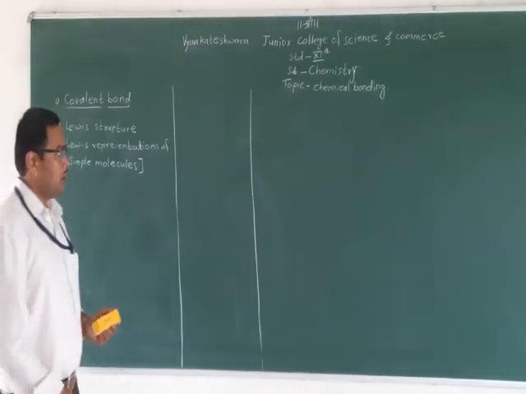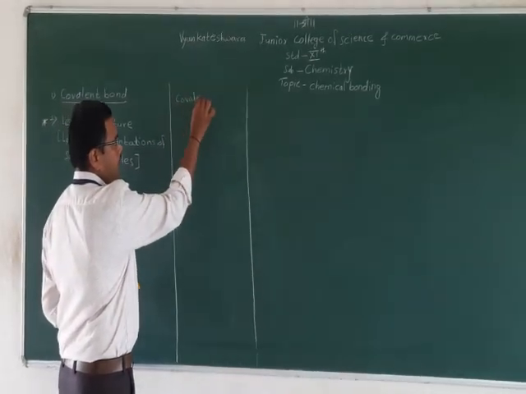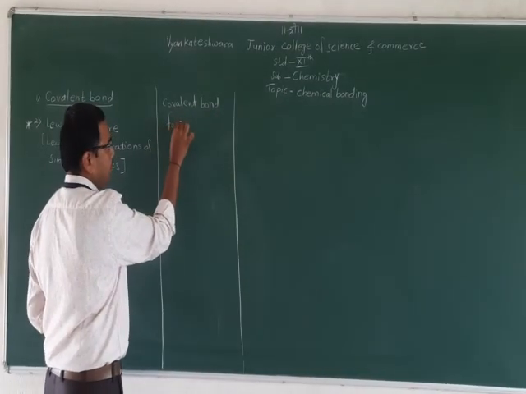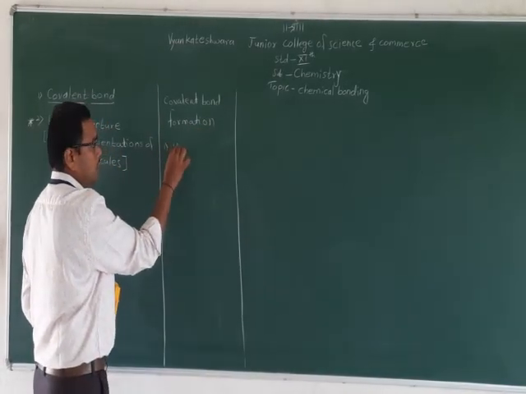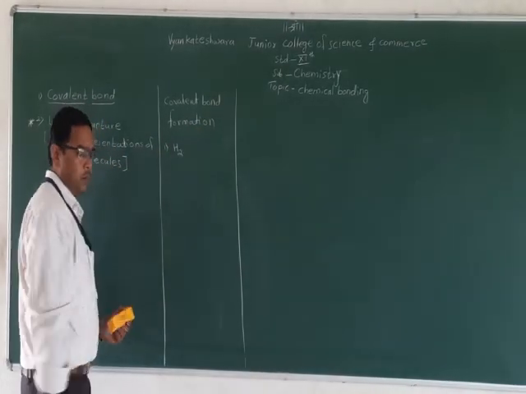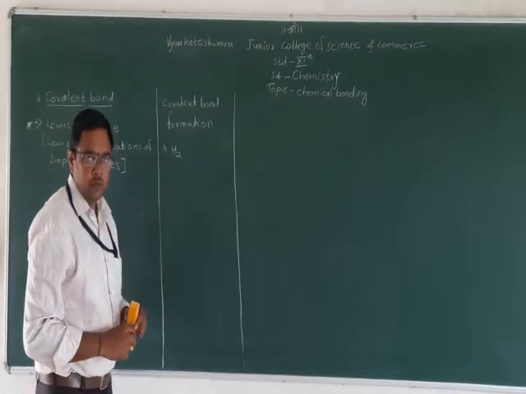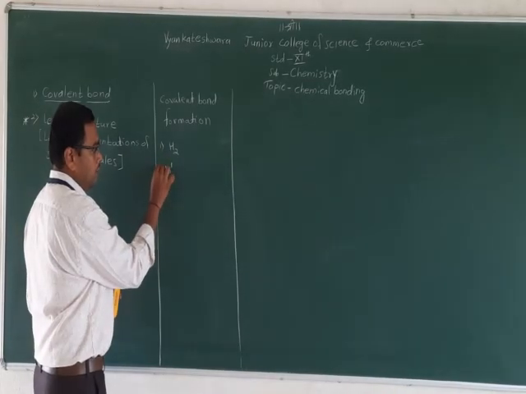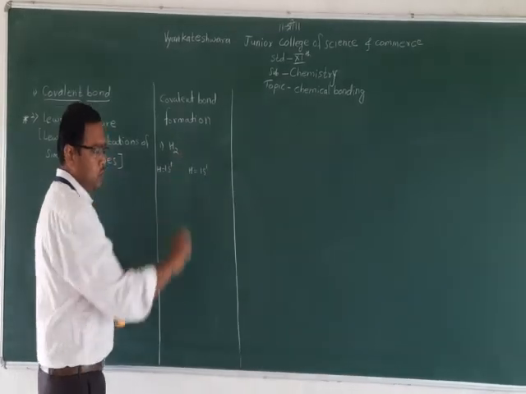In covalent bond formation, the first example is the formation of the H2 molecule. The electronic configuration of hydrogen is 1s1, and the second hydrogen is also 1s1.